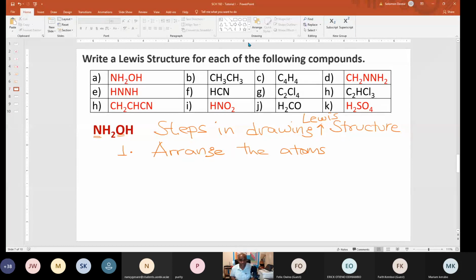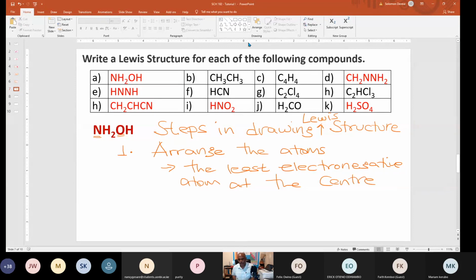If you have a situation like this, you put the least electronegative atom at the center. So this is the first rule.